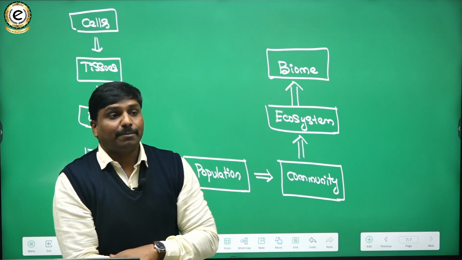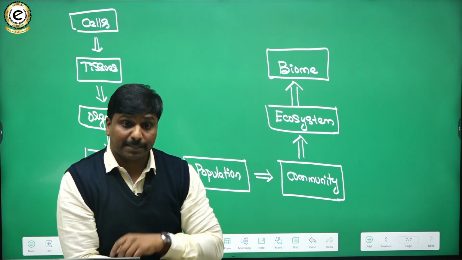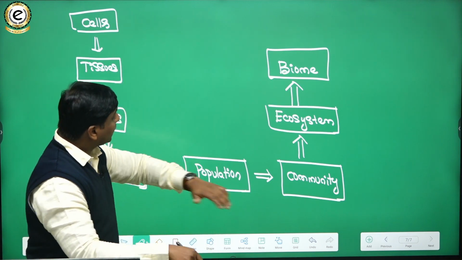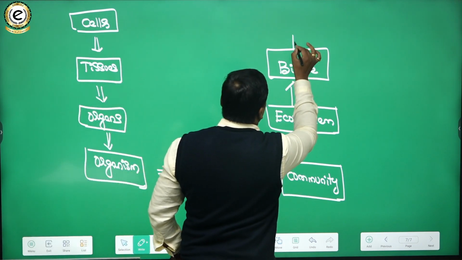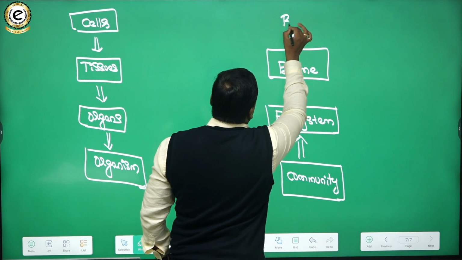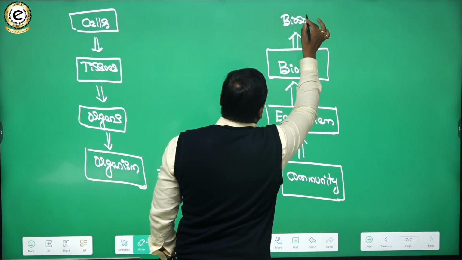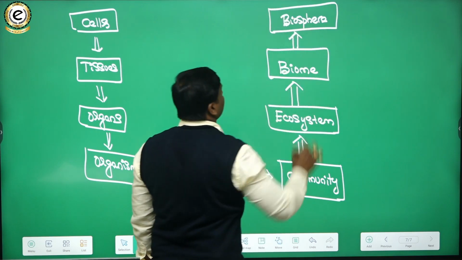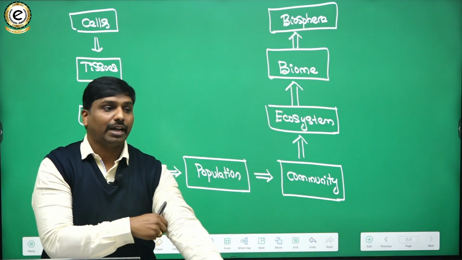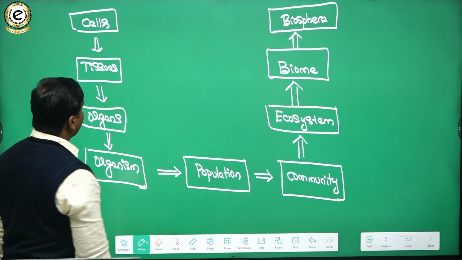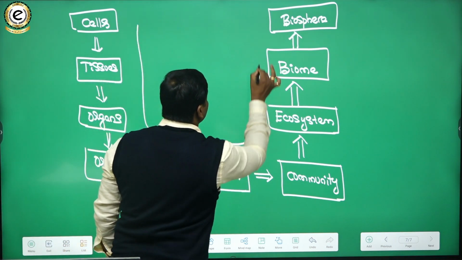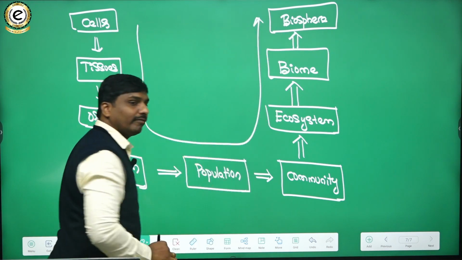And at the next level we will have the biosphere. Biosphere is the last unit of ecological hierarchy. So this is how the ecological hierarchy will happen.